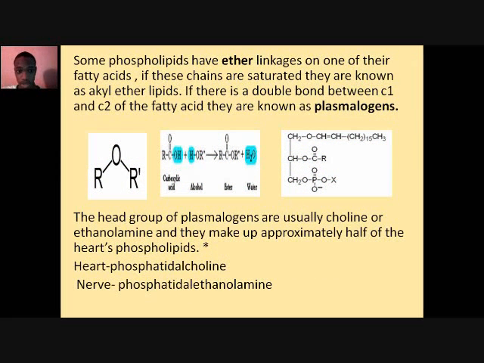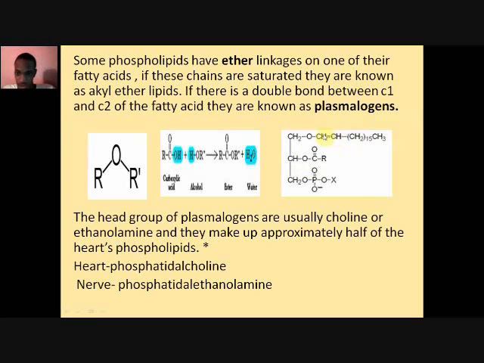Now, some phospholipids, instead of having an ester linkage, have an ether linkage, which we spoke about earlier, on one of their fatty acids. If these chains are saturated, they are known as acyl ether lipids. If there is a double bond between carbon 1 and carbon 2 of the fatty acid, they are known as plasmalogens.